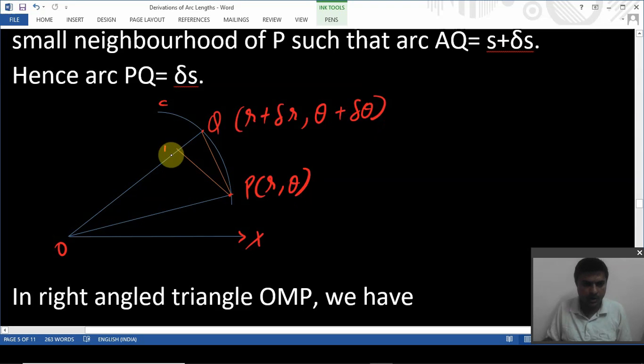In the polar form I denote this point as M, and this line, I am going to take the radius r. The angle I am going to take here is theta. Change in the angle I am going to take as delta theta. Okay, so we will quickly use the right angle triangle. I make this 90 degrees.